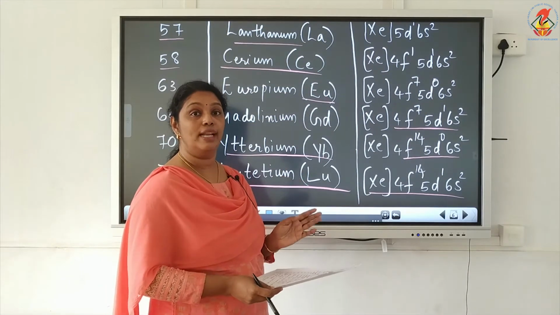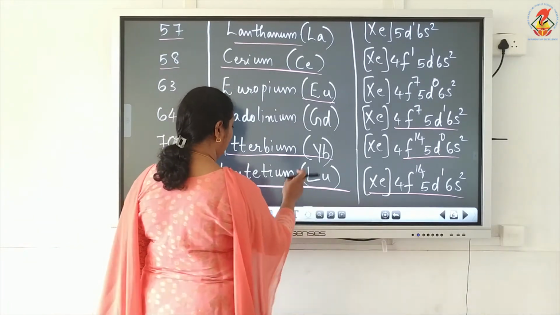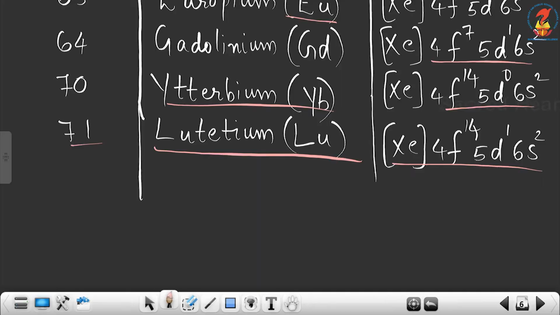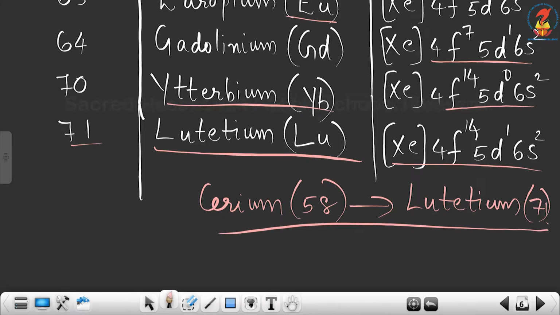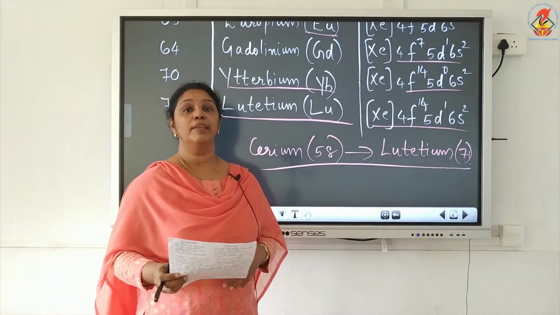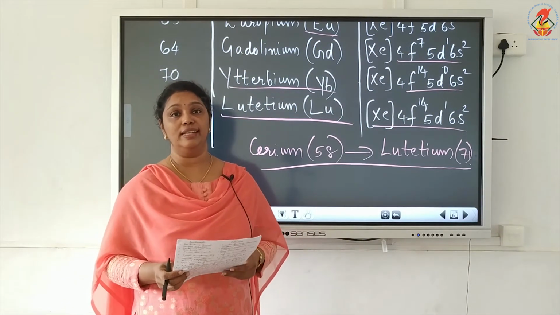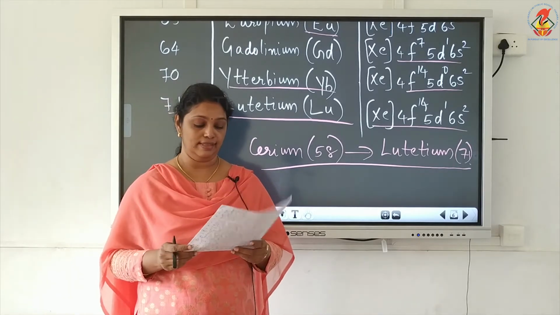So the first element is cerium, atomic number 58, and the last is lutetium, atomic number 71. Atomic number 58 to 71 is our first inner transition series or 4F series.